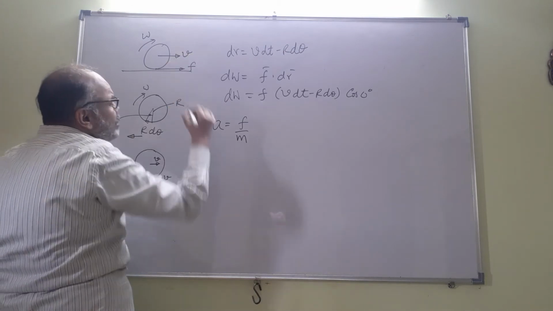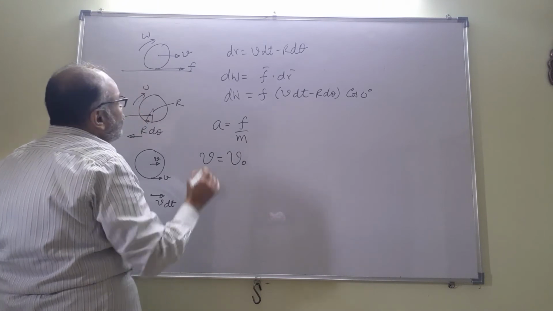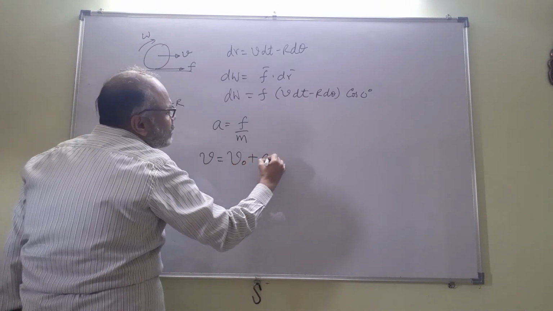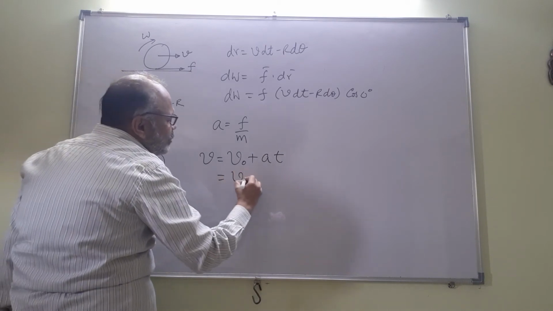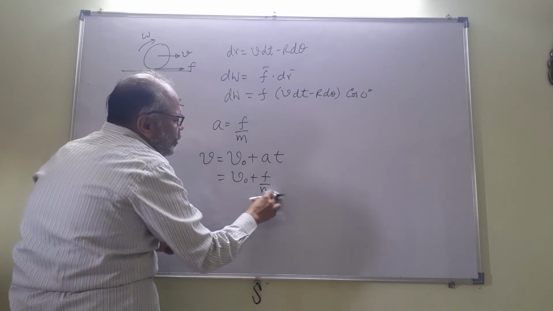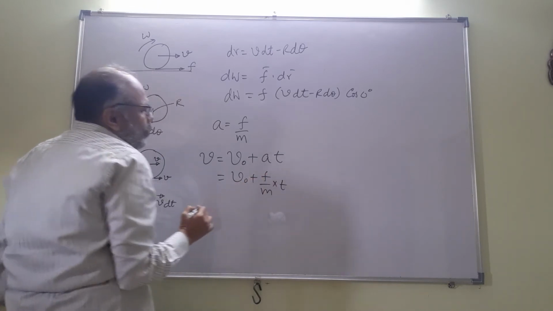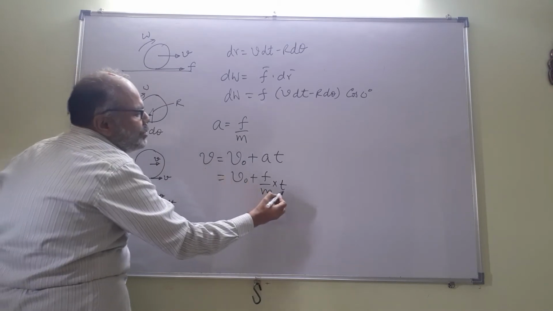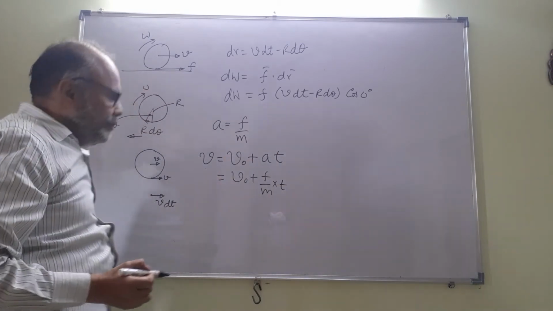So the instantaneous velocity v would be the initial velocity v naught plus the acceleration into time, where a is F by m. So we now have velocity in terms of t, so we can easily integrate it.